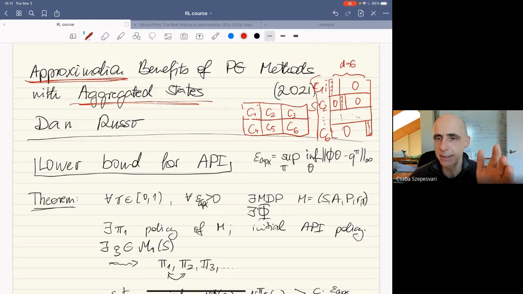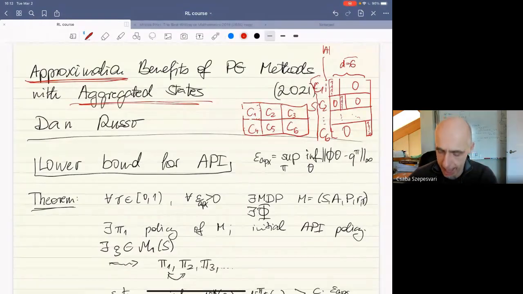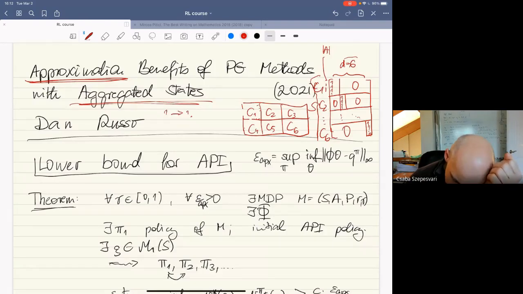If you want to get the same thing for state action pairs, then you have to create copies of this, and the dimension is going to be also multiplied by A. And so this little one, like that one, is going to be expanded to a little identity matrix, okay, where there are A columns here and A rows.